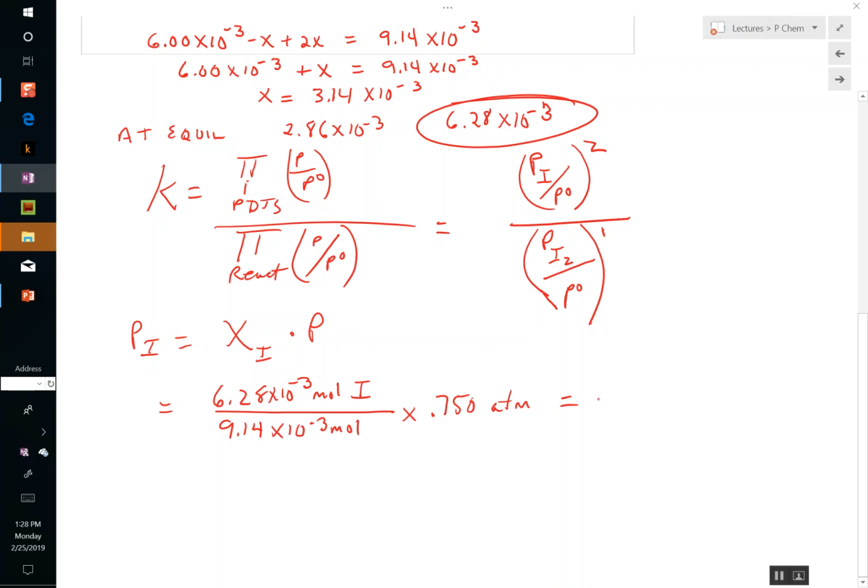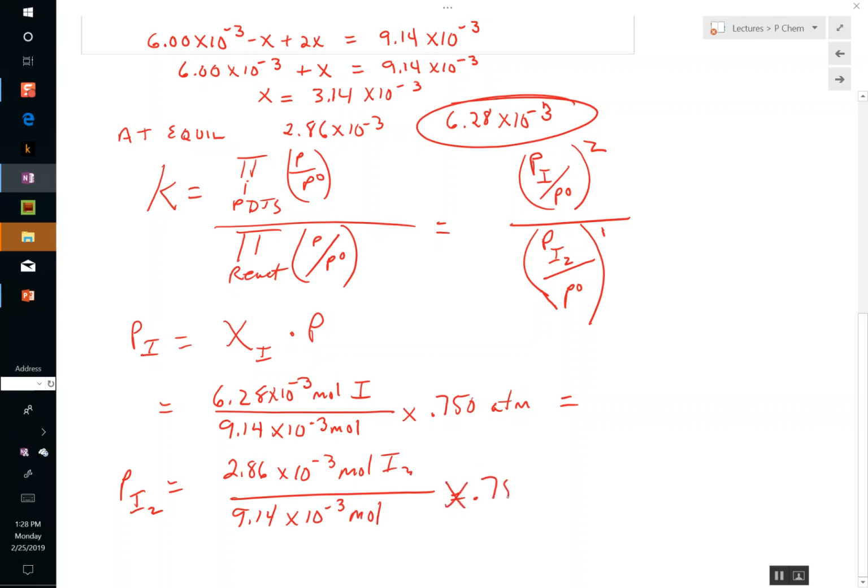That's your partial pressure of iodine. And the partial pressure of the molecular iodine is 2.86 times 10 to the minus third moles divided by the total moles times 0.750 atmospheres, the total pressure.